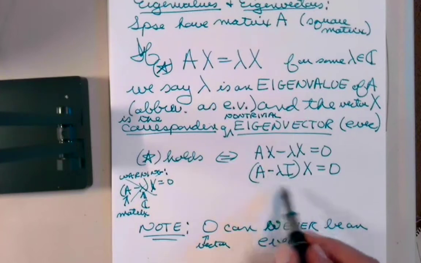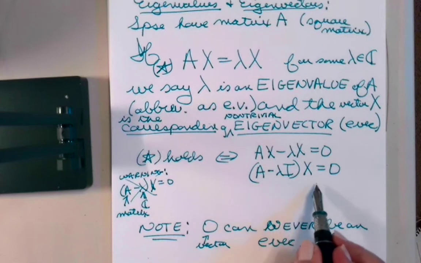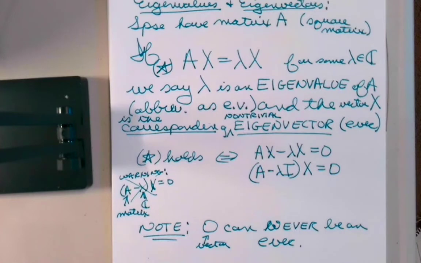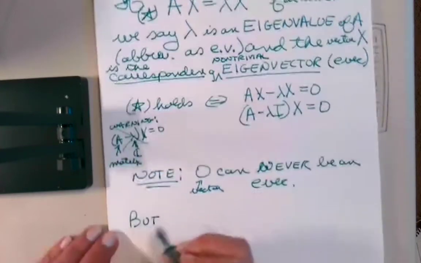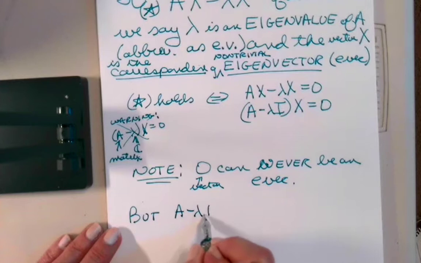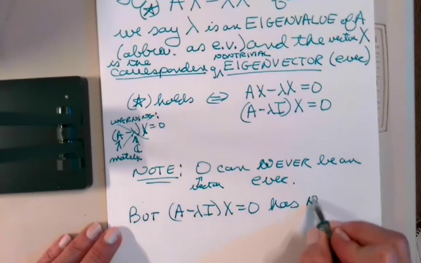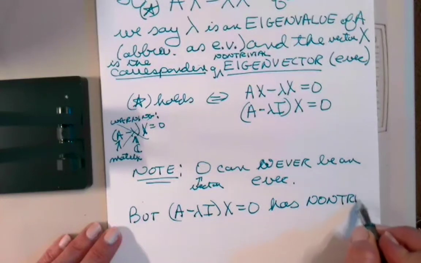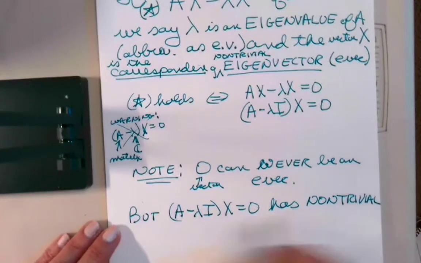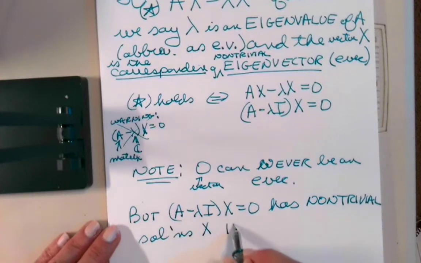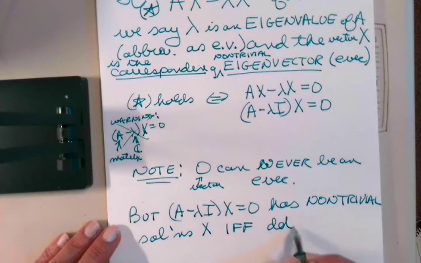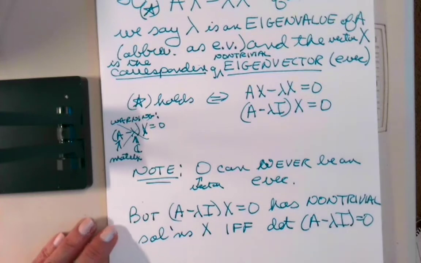So we need to know, when does this equation have non-trivial solutions? Well, (A minus lambda I) X equals 0 has non-trivial solutions if and only if the determinant of A minus lambda I equals 0. Okay?